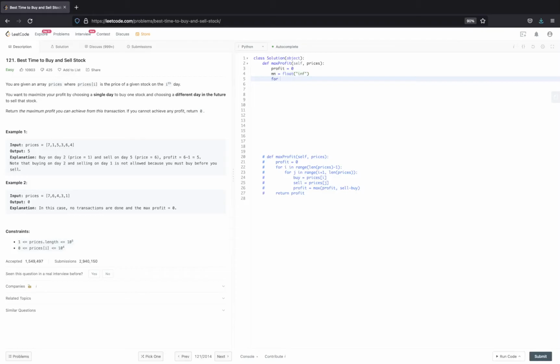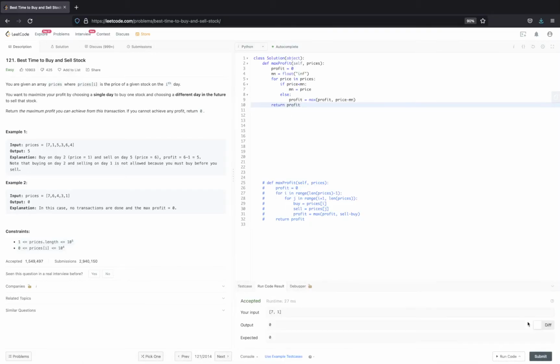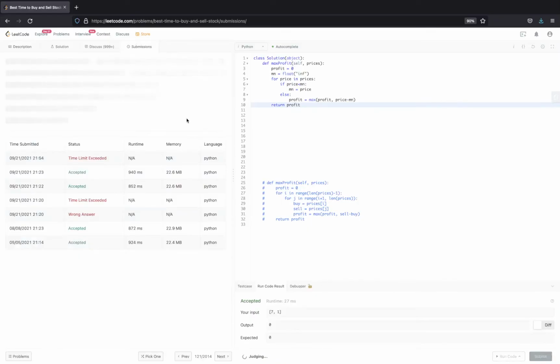Whenever I get a price, if my price is less than minimum, then my minimum becomes price. Otherwise, I will calculate the profit, which is max of whatever profit I have so far versus price minus mn, and I return the profit. Let's see if it works.